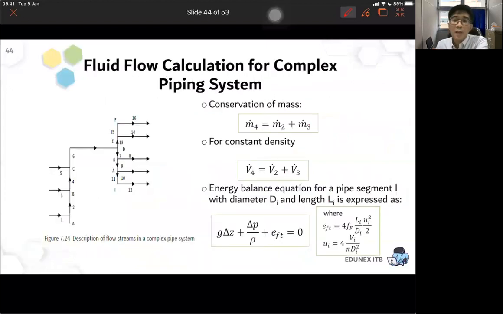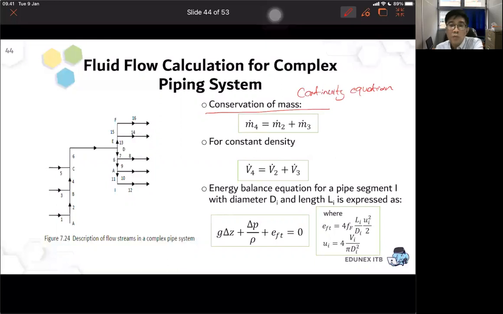Okay. Now, how about the complex piping system? There will be several typos, so I will correct them later. Complex means sometimes the pipe is divided into more pipelines. For a complex piping system, you just remember the principle of the continuity equation, the conservation of mass.